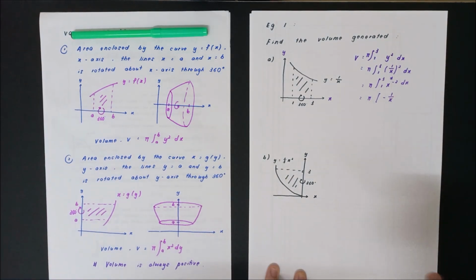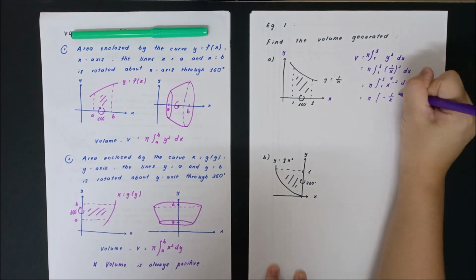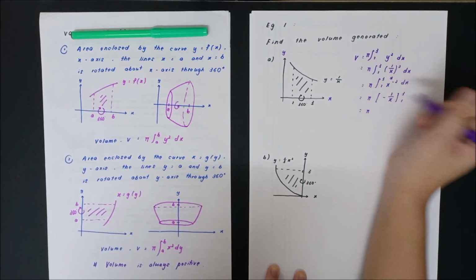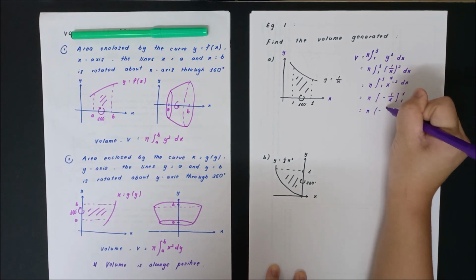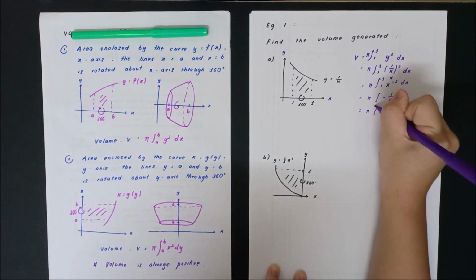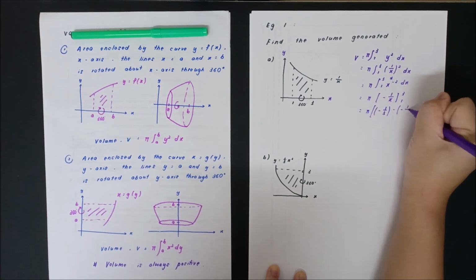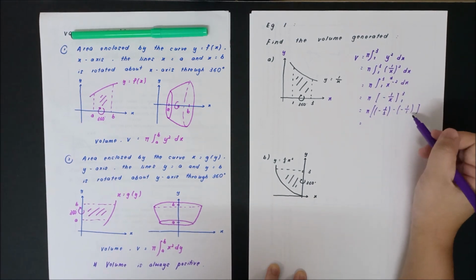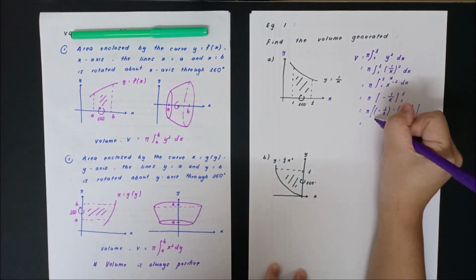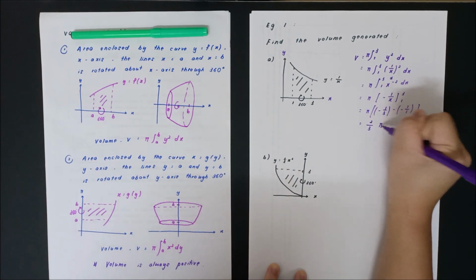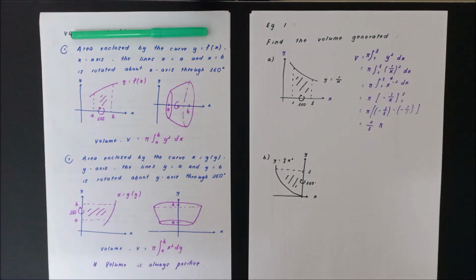Okay, divide by negative 1, and then your power is negative 1, so become 1 over. Then 1. So now you can start to substitute. You are putting negative 1 over 3 minus negative 1 over 1. Okay, so negative 1 over 3 plus 1, which will give you 2 over 3. So in this case, you have a volume of 2 over 3 pi. So this is your answer for A.